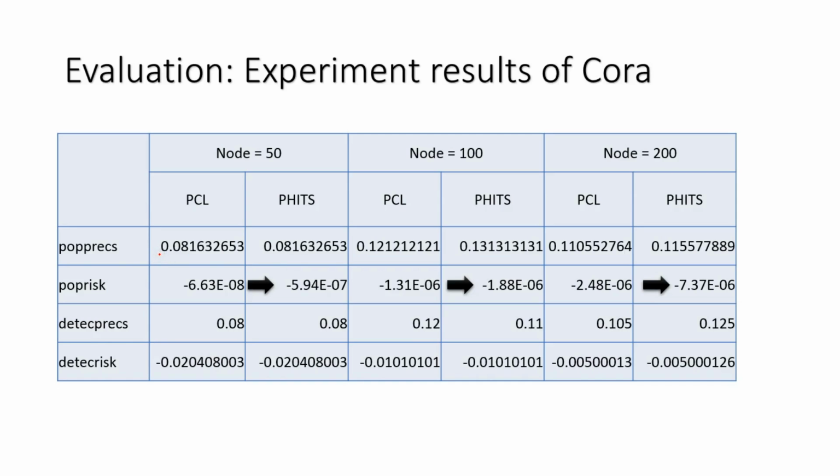It must be combined with content analysis approaches to get a more precise community membership detection result in the future. And for all the nodes we randomly picked, 50, 100, and 200, the risk of the PHITS algorithm is always higher than the PCL model.